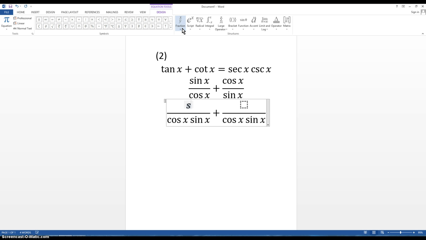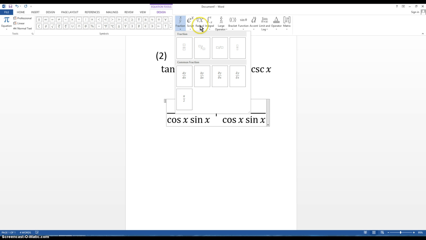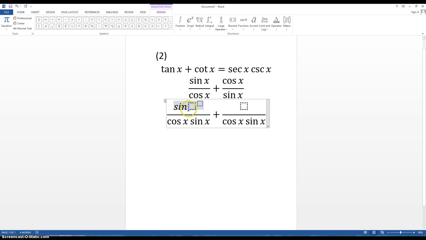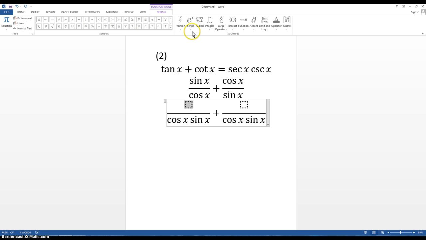Correct. You get sine squared of x. So we get sine squared of x.